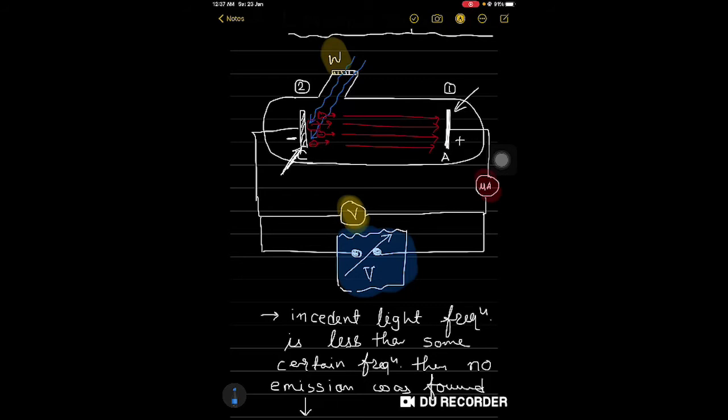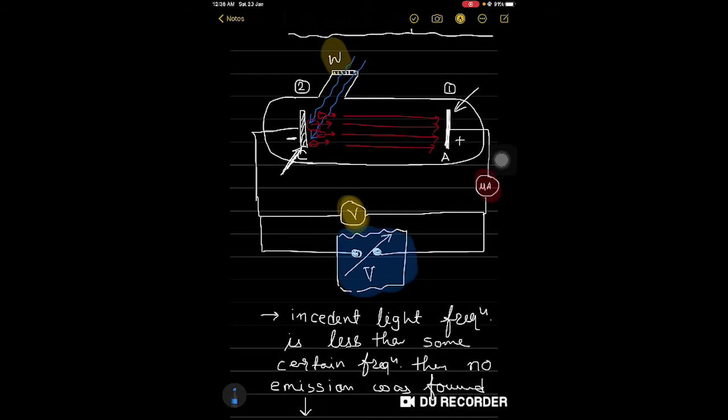Now when the collector plate A is positive with respect to emitter plate C, the electrons are attracted to plate A. When they are attracted to plate A, obviously a flow of electrons is produced. We know that the flow of electrons is called electric current. So in this way the electric current is produced.